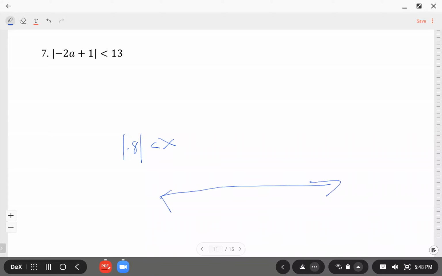This is not really related to the problem, I'm just proving my point here. Make sure you understand what absolute value is.